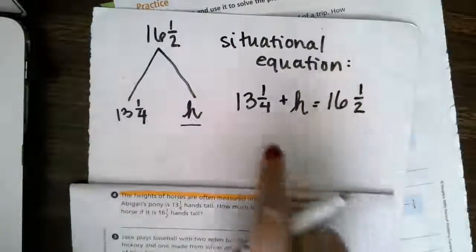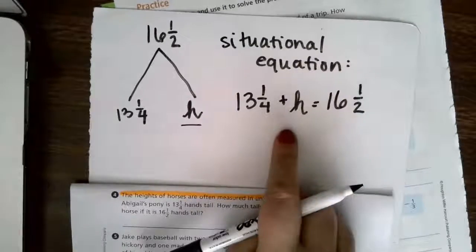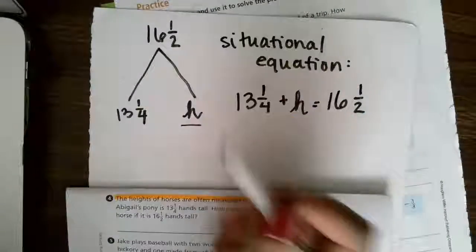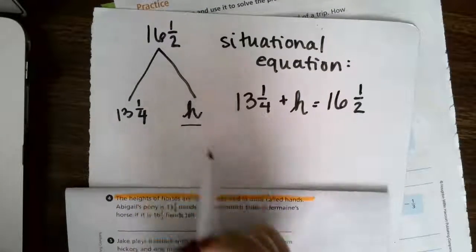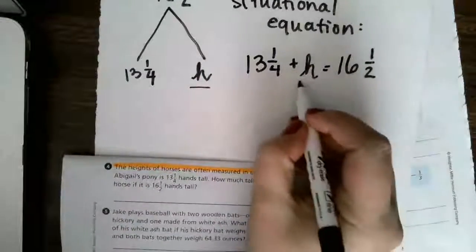How much would I have to add to this to get to this? That's what my H is asking. This is my situational equation. Now I can take my situational equation and go right into a solution equation where I want to get H all by itself.